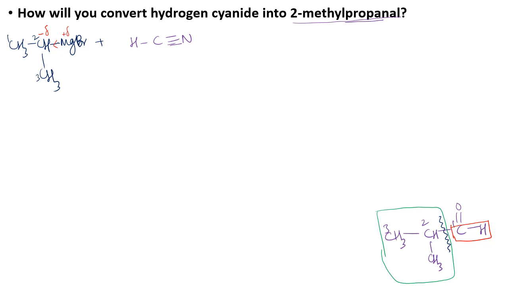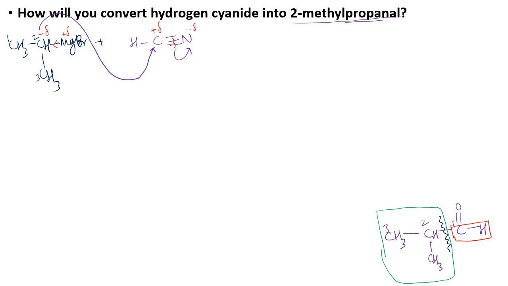And on the other molecule, this carbon is electron deficient, a delta plus charge is there because of nitrogen, which is a withdrawer. So the most obvious thing which can happen in this situation is this negative carbon will go and attack this carbon, and when you make one bond, you break one.